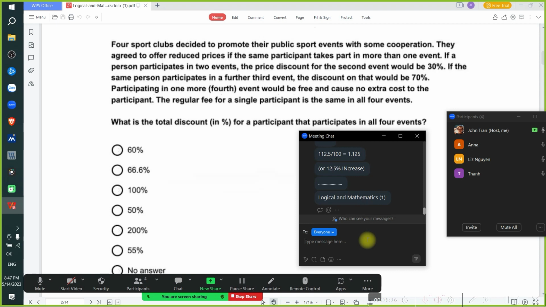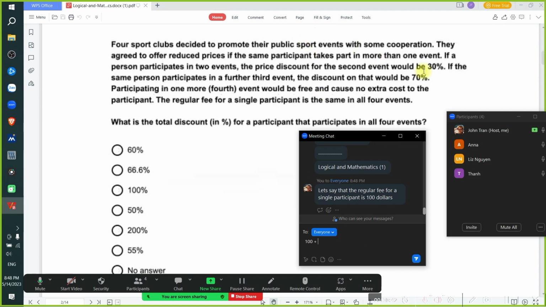So let's say that the regular fee for a single participant is $100. Bây giờ cứ coi $100 một sự kiện đi. If they go to all 4 events, it's gonna be what?